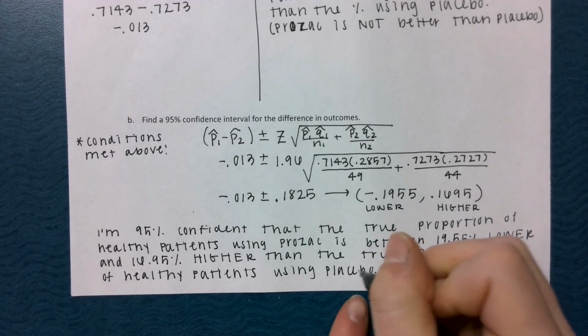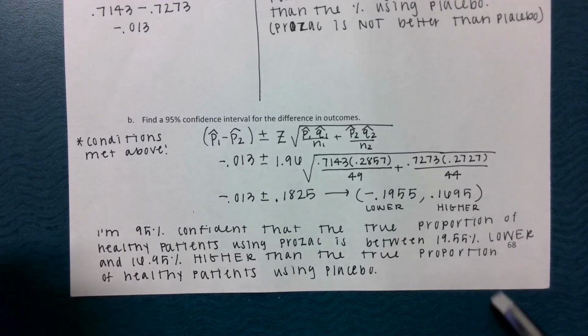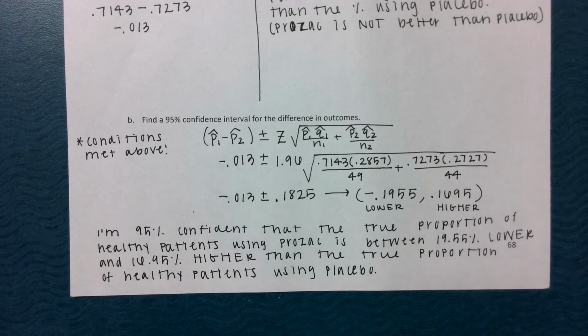So when I first write that sentence, that seems kind of weird to me. We're saying that the percent of healthy people could be lower or higher than the placebo, right? We're saying the people using Prozac, the proportion that are healthy after using Prozac, could be 20% lower or could be 17% higher than the percentage of healthy people that use the placebo.